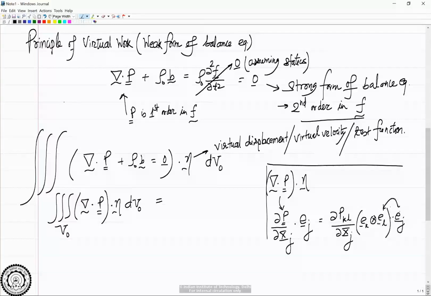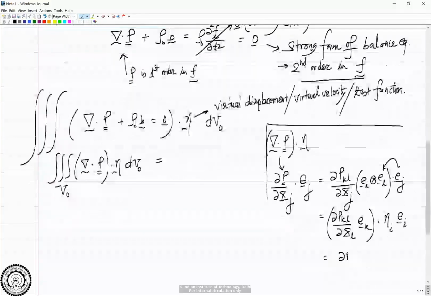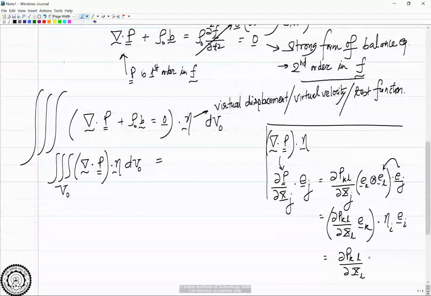So these two are going to get dotted, and what you get is delta lj, so j becomes l. So you have del P kl over del xl into ek. So that's the thing inside the bracket, and then you have to dot with eta. Let us say eta i ei. And so ek dot ei becomes delta ik. So i becomes k basically, right? So this whole thing is therefore del P kl over del xl into eta k.